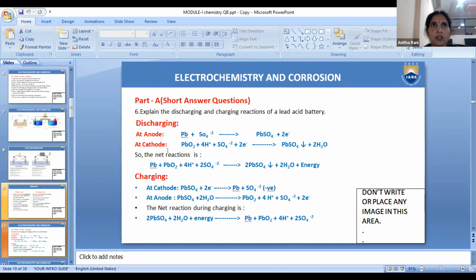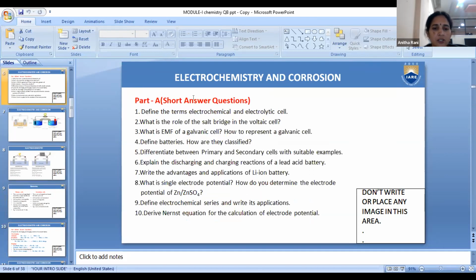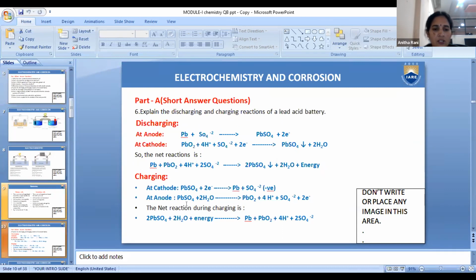Anode is lead, cathode is lead oxide PbO2, and the electrolyte is 21.4% dilute H2SO4. In short answers, we only have to write the discharging reaction and charging reaction.